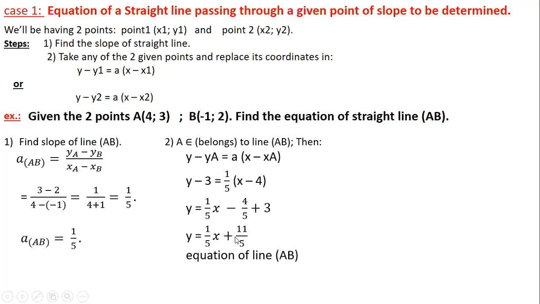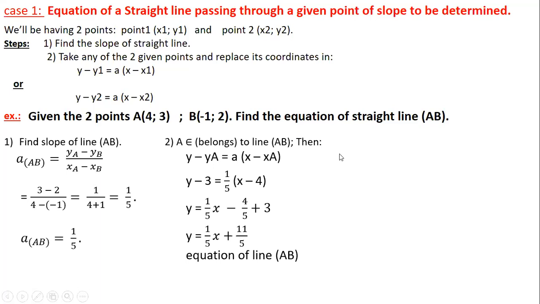This is a matter of calculation. But this is what is important to understand. Whenever I find the slope of segment AB, I take any of the 2 points. I either take A and replace it in this equation as I did here, or I take B and replace it in this equation. Now I will show you what happens if I take B and left A aside.